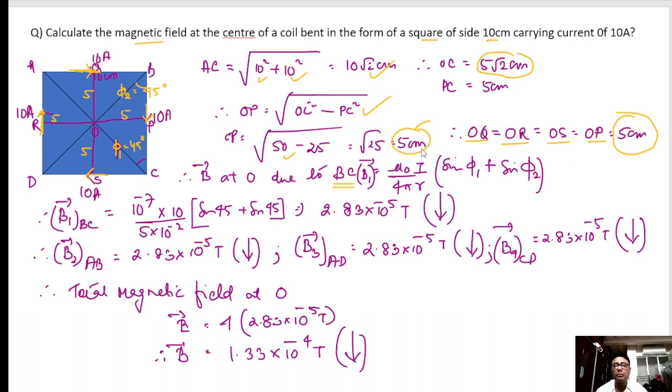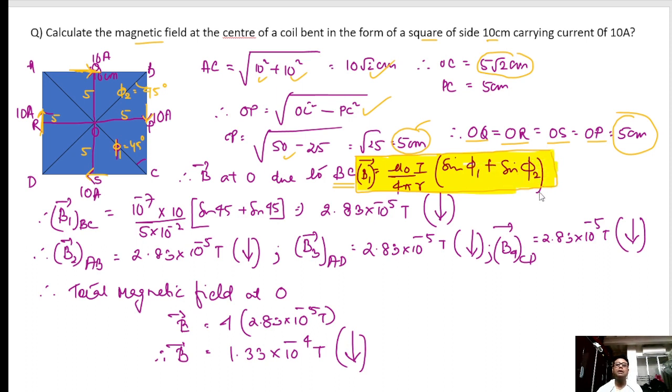So the formula for a straight wire carrying current to produce a magnetic field at a given point, you have to remember this formula: mu 0 I by 4 pi r, where r is actually OP, times sine phi 1 plus sine phi 2.